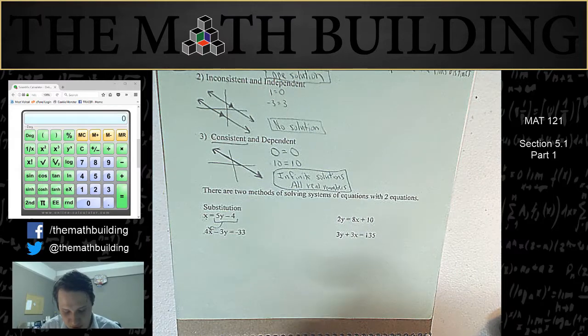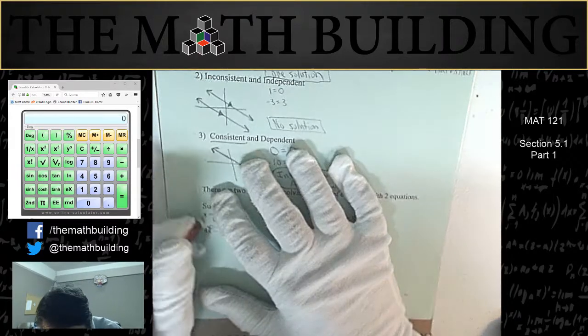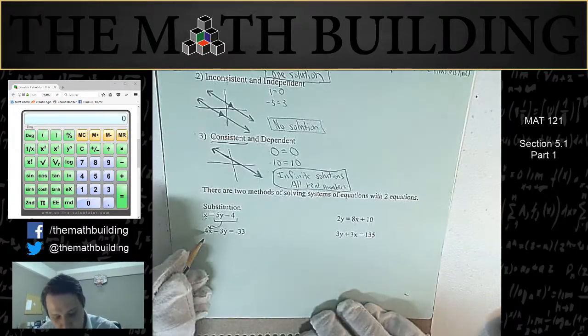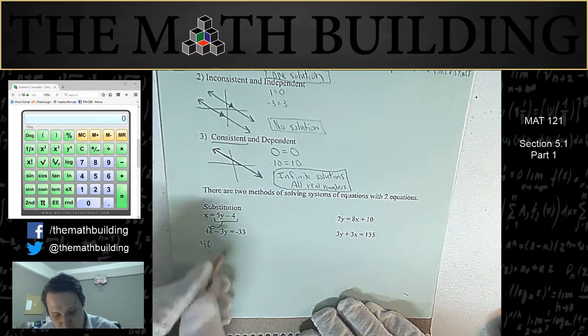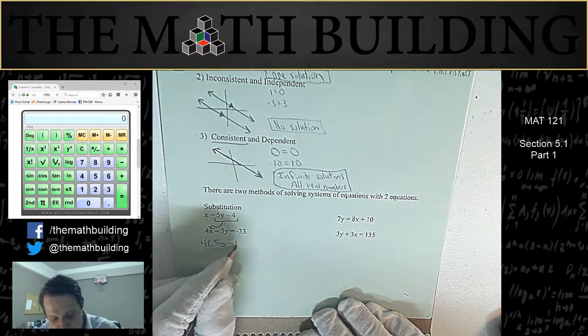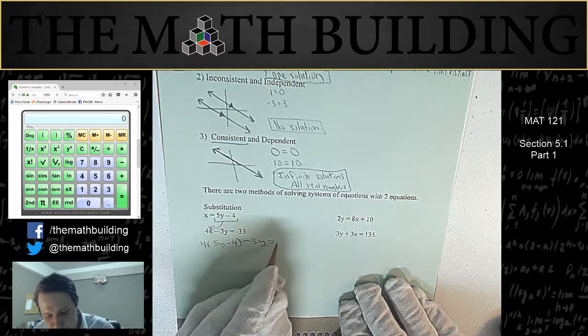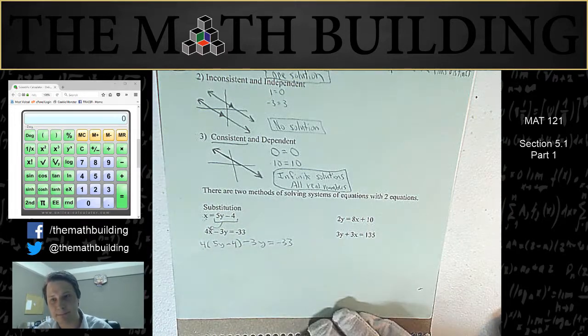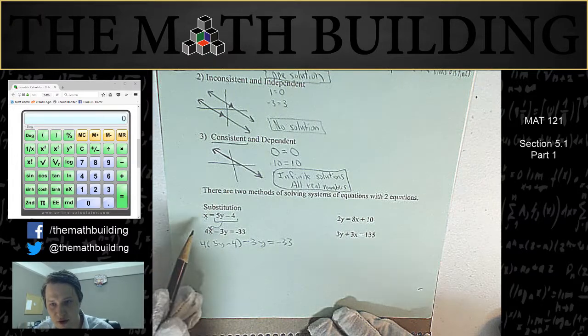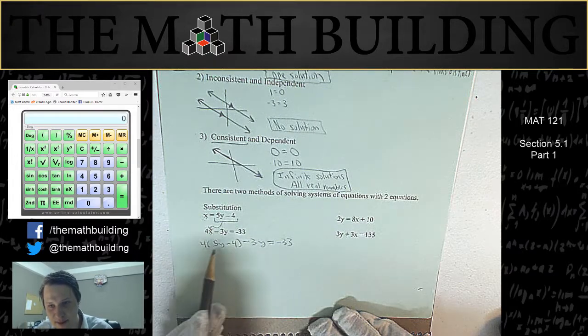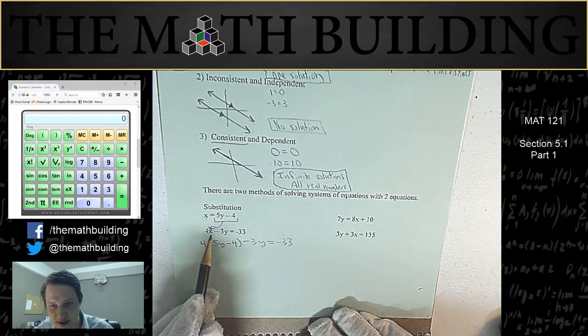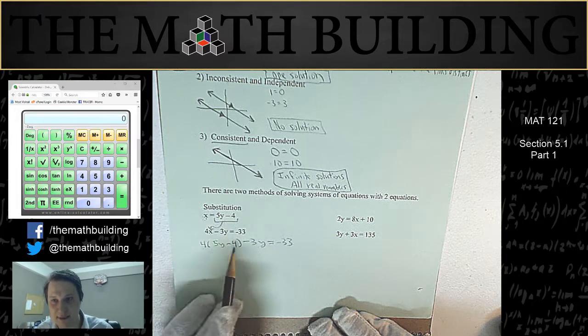Okay, so let's solve this really quickly. The second equation can be rewritten 4 times (5y minus 4) minus 3y is equal to negative 33. So in other words, the entire equation stayed the same, except we replaced x with 5y minus 4.